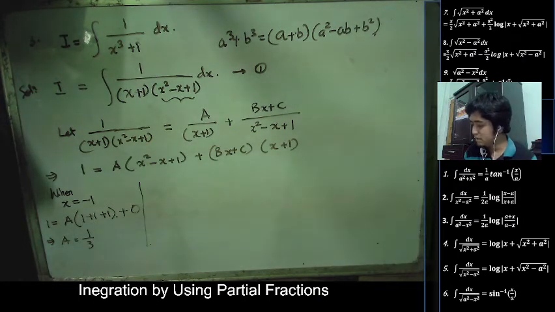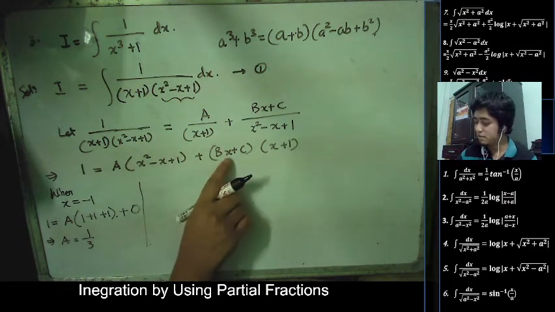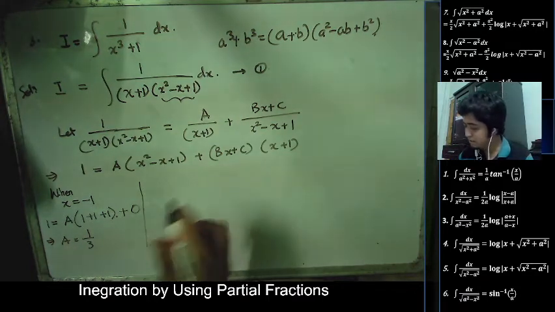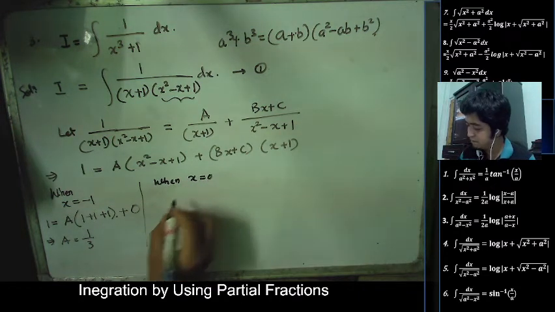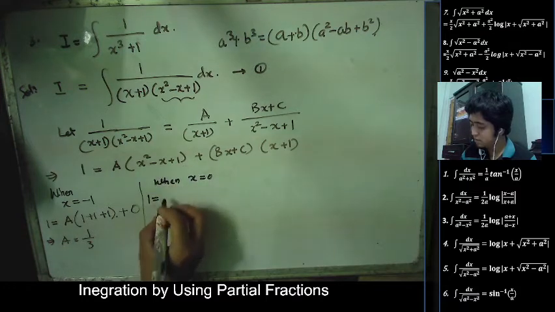Okay, now we can substitute the value of x equal to 0, because if we put x is equal to 0, then this one will become 0. The b term will not be involved. When x is equal to 0, you will be having 1. 0 minus 0 plus 1 will give you a.